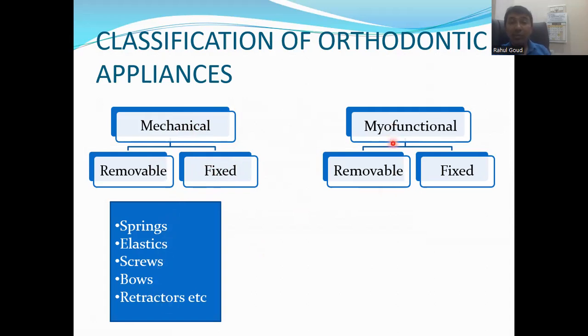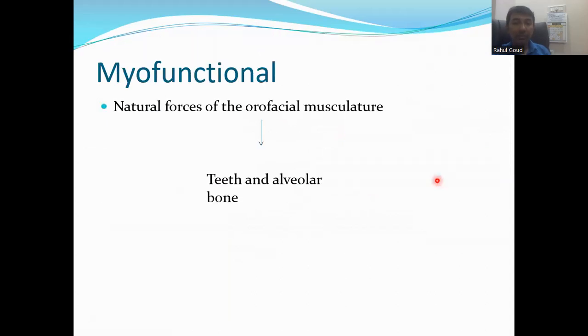Next, coming to the myofunctional appliances, contrary to the mechanical appliances, the myofunctional appliances take the help of the muscle function and they bring about the change. These are also divided into removable and fixed appliances. What they do is harness the natural forces of the orofacial musculature.